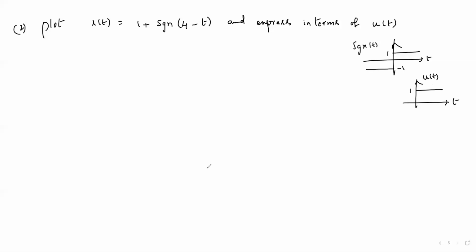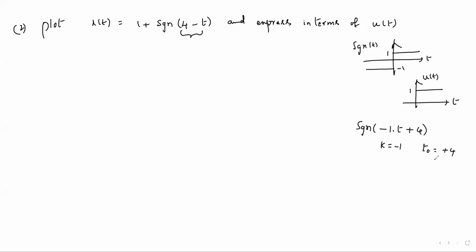Fine. Now for the signum function, first we have to perform the operation on the independent variable. The expression given is 4 minus t. That means we need to first plot signum of minus 1 into t plus 4. So here the scaling constant is minus 1, and the shifting constant is plus 4.